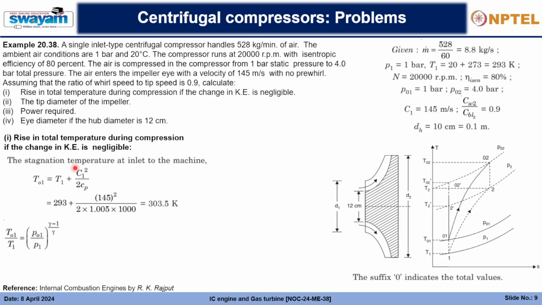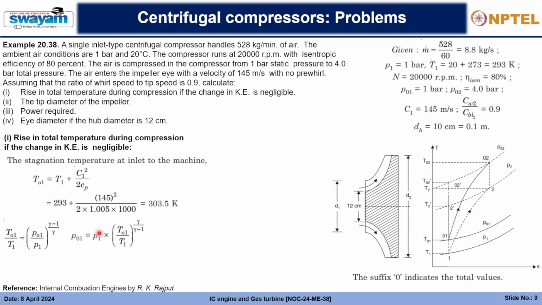Then T01 by T1 equals P01 by P1 whole to the power gamma minus 1 by gamma. You see out here, T01 by T1 equals P01 by P1. This part is an isentropic process.